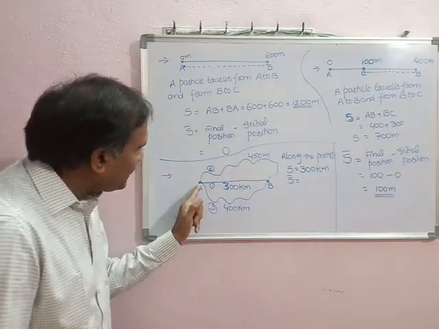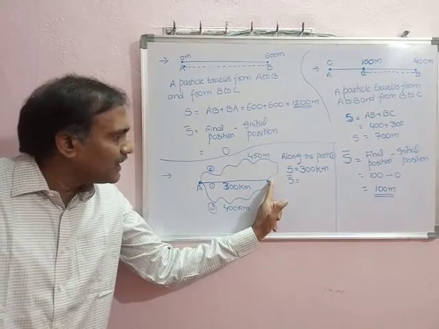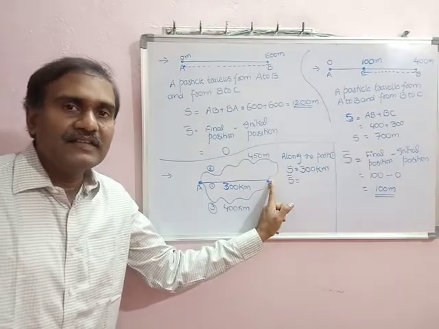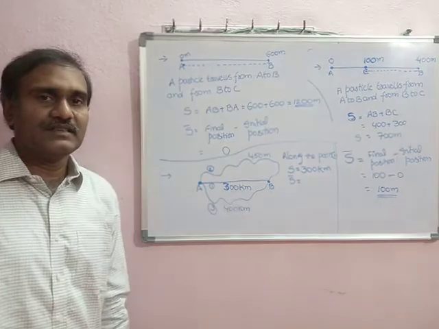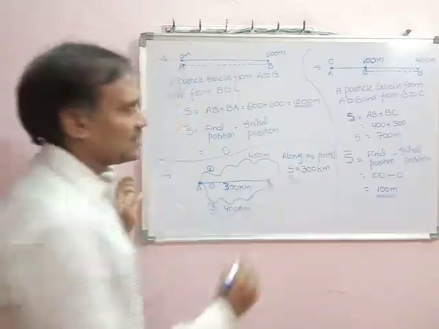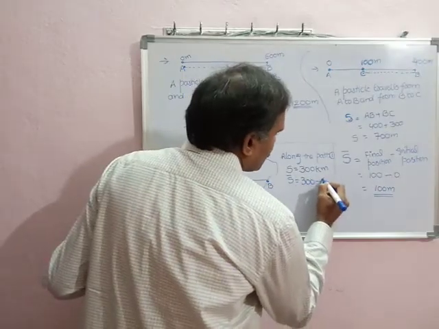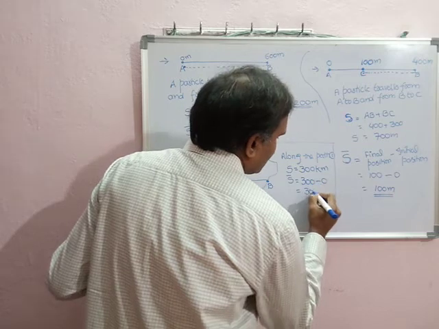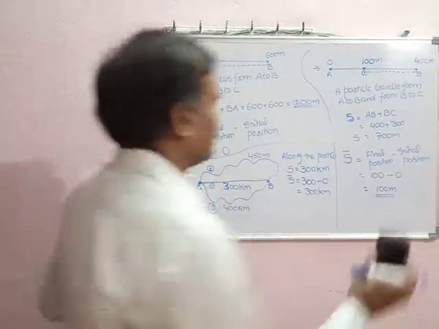If you assume it is at the origin, then its coordinates are 0 and 300 kilometers. Therefore, final position minus initial position: 300 kilometers minus 0, which is equal to 300 kilometers along the path 1.